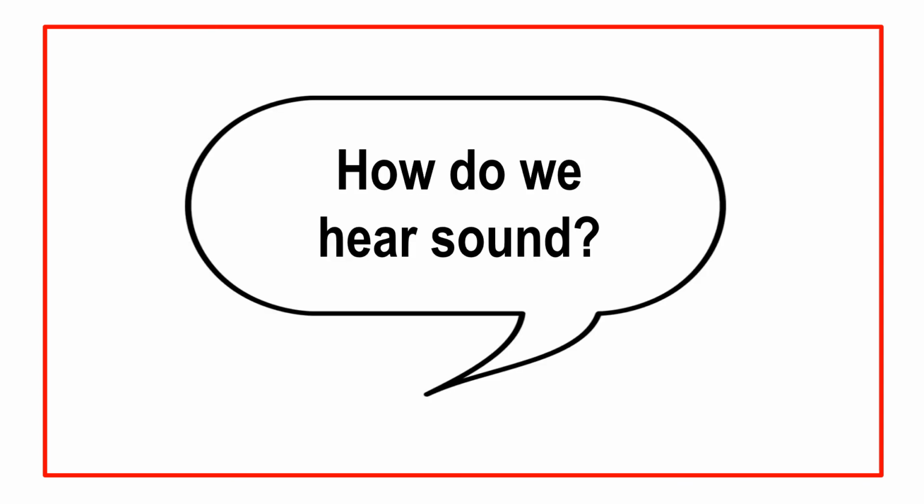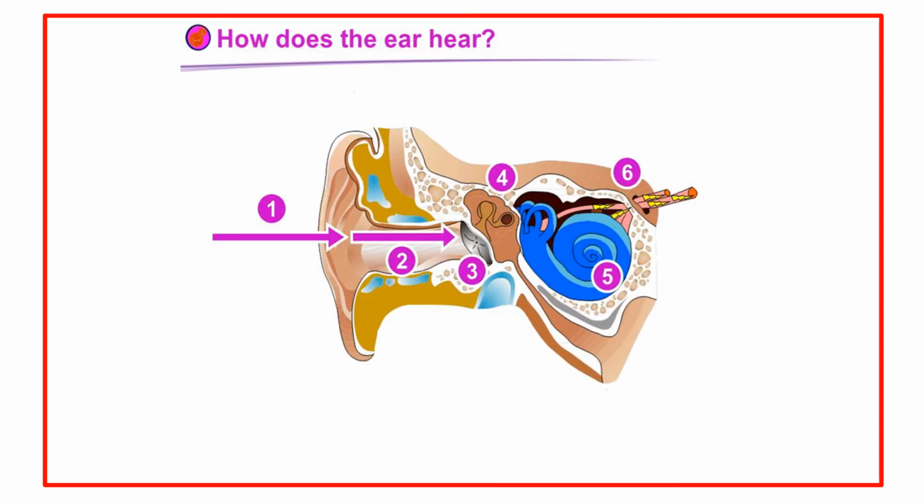We already know now how something makes sound. Now the next thing is how we are able to hear the sound from the source. Of course, we can hear the sound using our ear. But how does the ear hear? Here are the following steps on how we can hear the sound from the source and what is happening inside our ear.